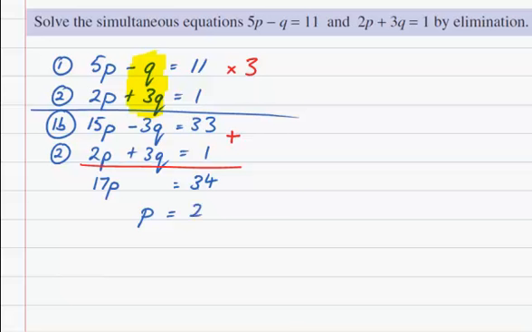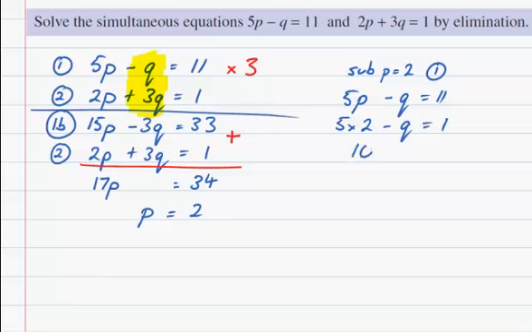So I've got p equals 2. Substitute that into one of your original equations. I'm going to put it into equation 1. Equation 1 was 5p minus q equals 11. Where I see p, I'm now going to put in 2.